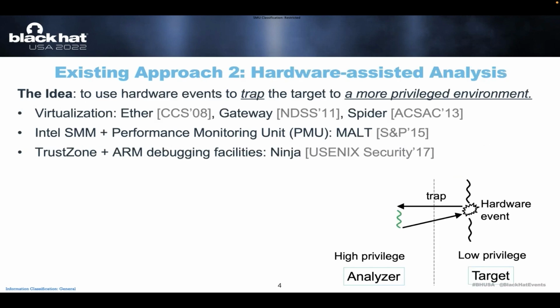So that's why we get to the second approach, which is more from the academia. In the academia, when they look at this problem, they say, hey, let's not do instrumentation. Let's use some hardware features to trap the kernel execution into a more privileged environment. Depending on the combination, let's say you can use virtualization, you can trap the kernel execution into the hypervisor.